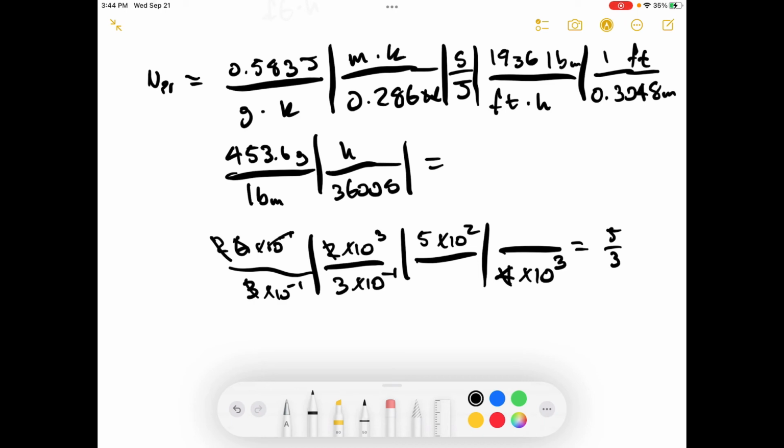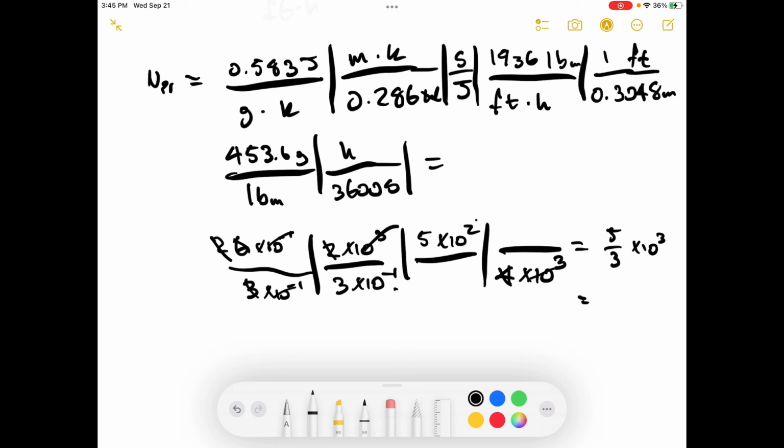These cancel out with each other. These cancel out with each other, and then we're just left with 3. So 10 to the power of 3, because this negative and this 2, so 2 plus 1 equals 3. Okay, so 5 over 3 times 10 to the 3.